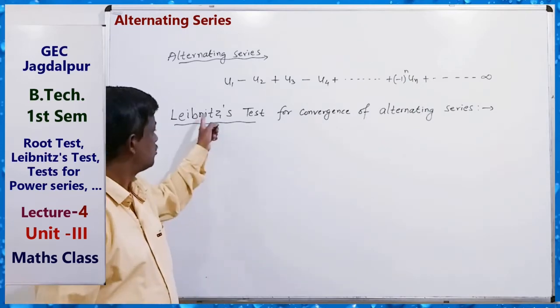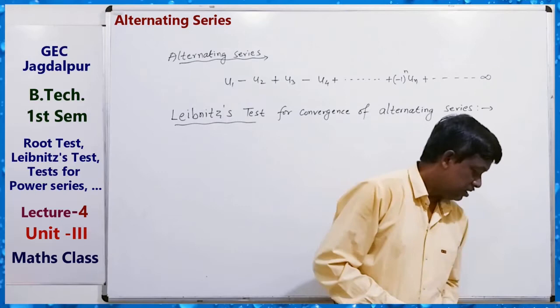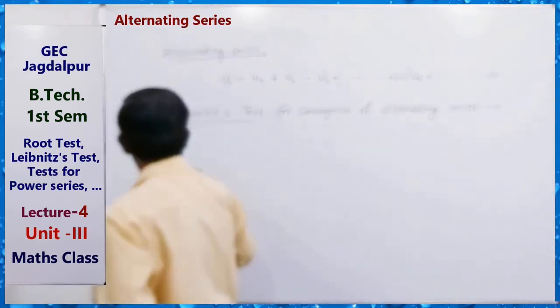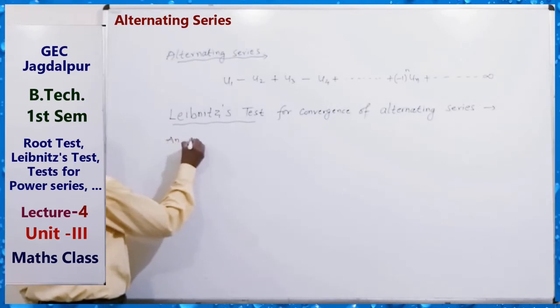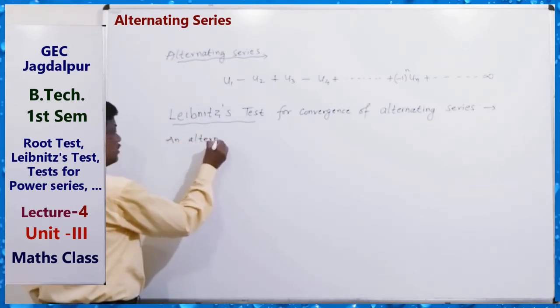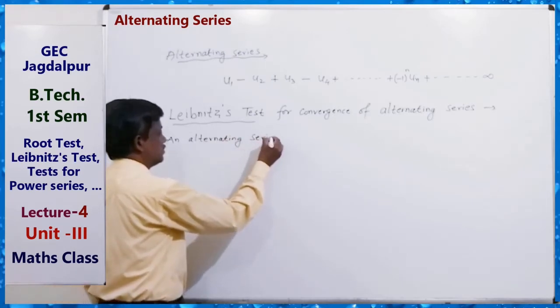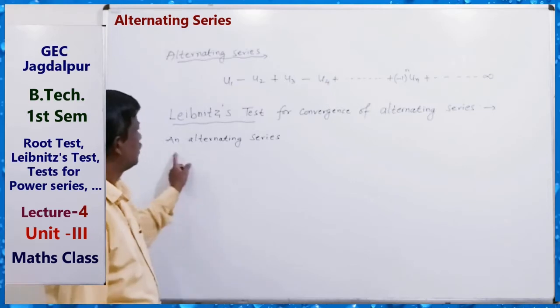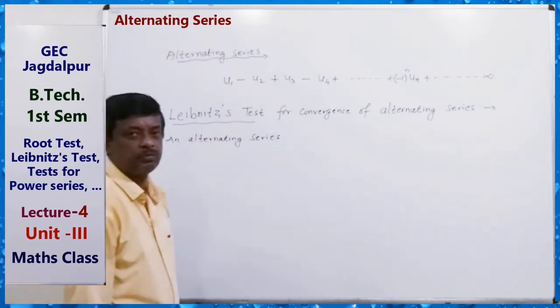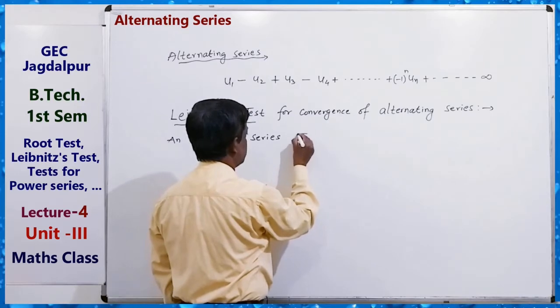According to this Leibniz test, an alternating series, we know, means terms are positive and negative.